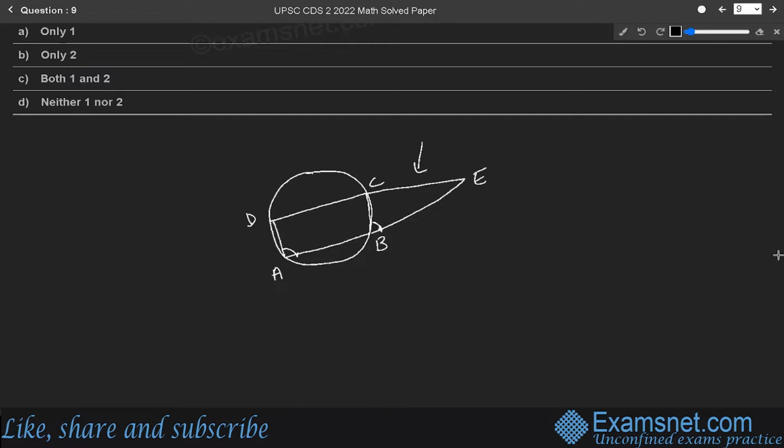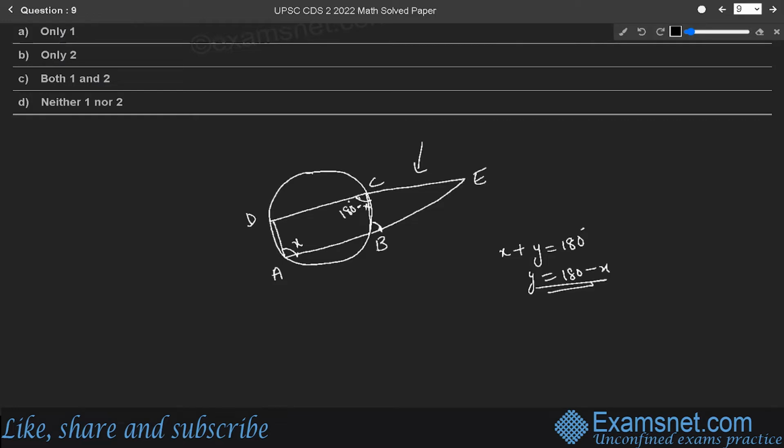We know that in a cyclic quadrilateral, the opposite angles have the sum 180 degrees. Let this angle be x. So this angle will be 180 minus x, because we know that x plus y is equal to 180. So y will be equal to 180 minus x.